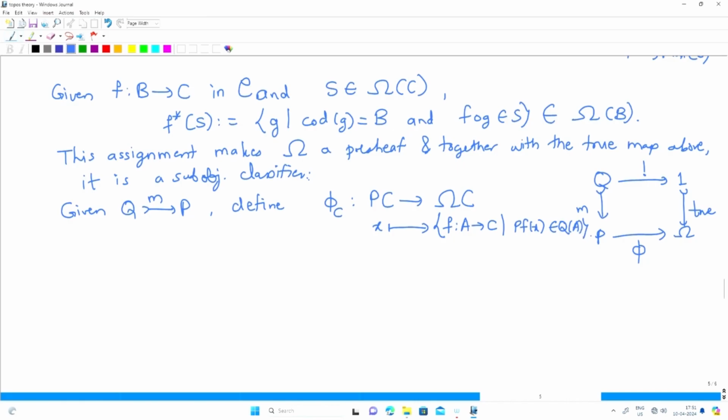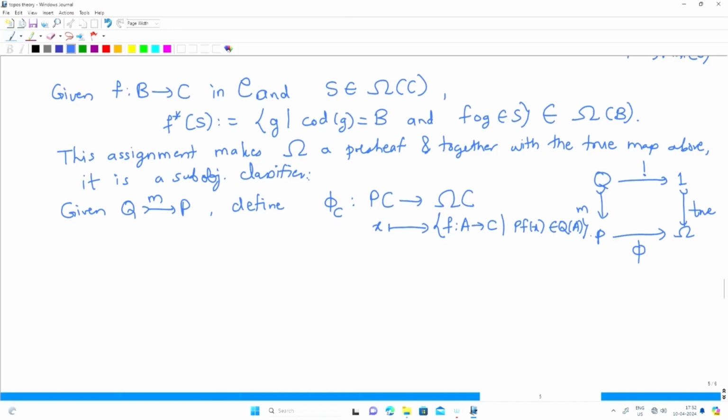Okay, so there are many categories at work. P is a presheaf, so it is a contravariant functor. So P F of X is going to be an element in P of A ordinarily, because P is contravariant.